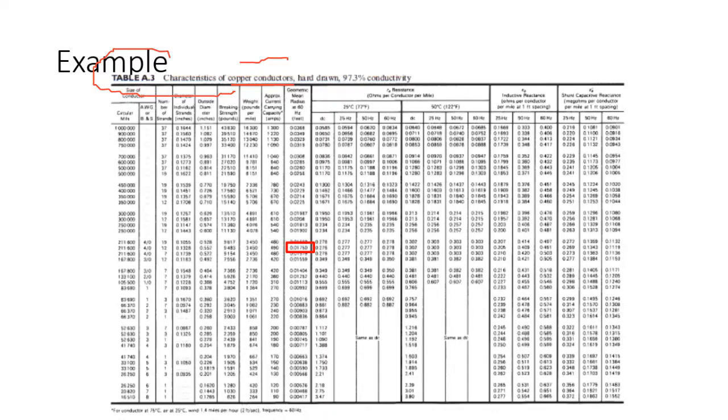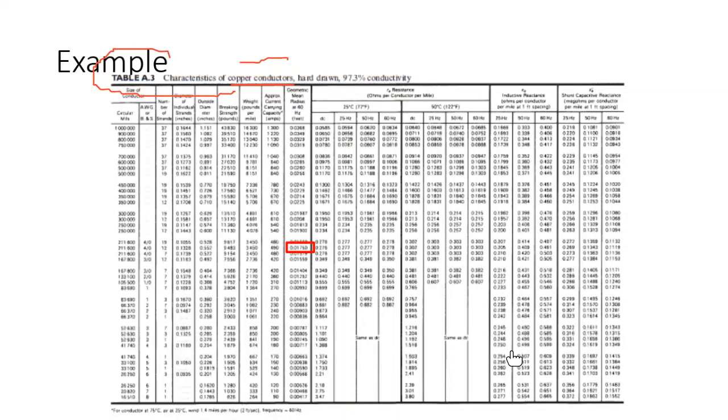Muhammad asks: Doctor, why in the table are they not using SI units? I mean, they are using inches, not meters. Good question, because this is a US textbook. If it were authored here in Qatar, we would use meters.